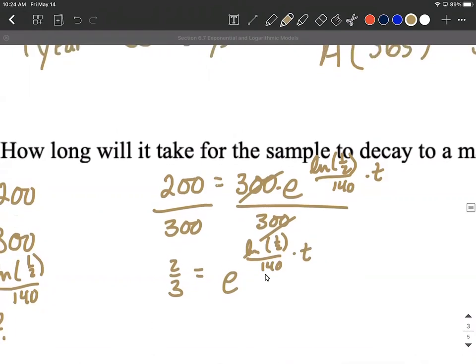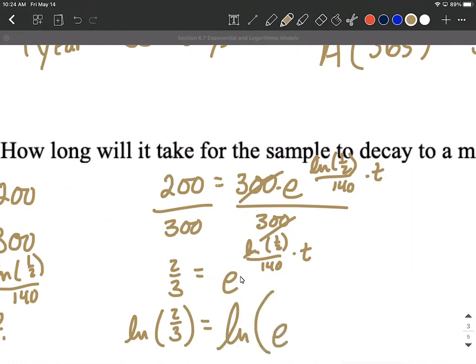All right, next up, we have e to a power. Let's counteract that by utilizing a natural log. So if I put a natural log on both sides, we get natural log of 2/3, and then natural log of e to that power.